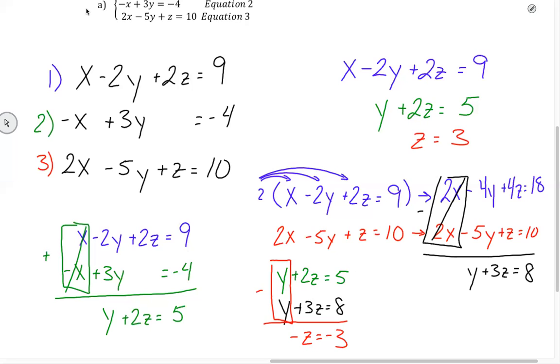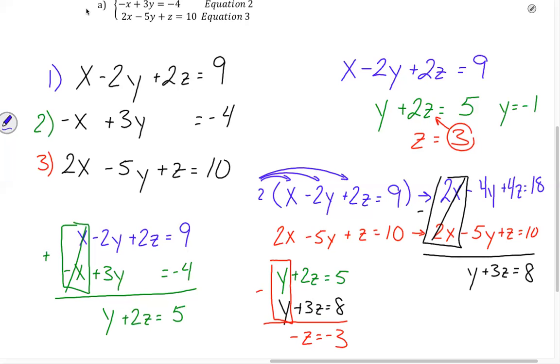So I'd have y plus 2 times 3, that's 6, equals 5. So that would give me y equals -1. Right? Now I have y and I have z.